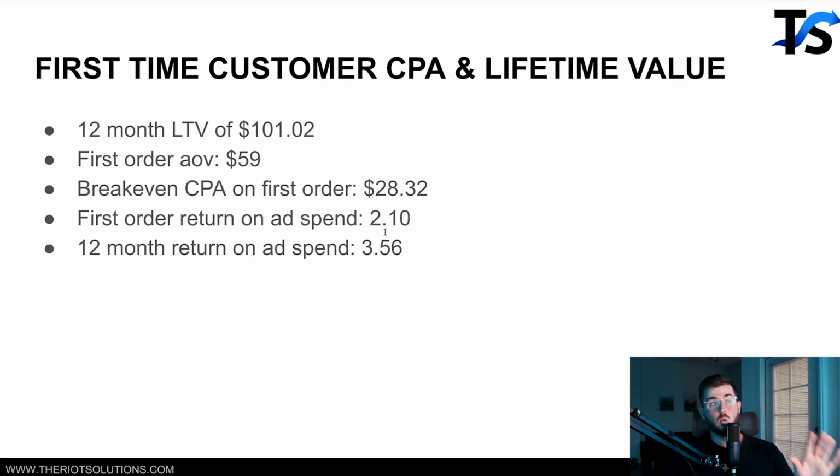Day one doesn't look that hot, but over 12 months that customer becomes more valuable to us. That's why we can afford to scale at a lower ad spend on Facebook and make that profit later on. The way this works is you start doing it today and getting customers to purchase again today. That's how they balance each other out.